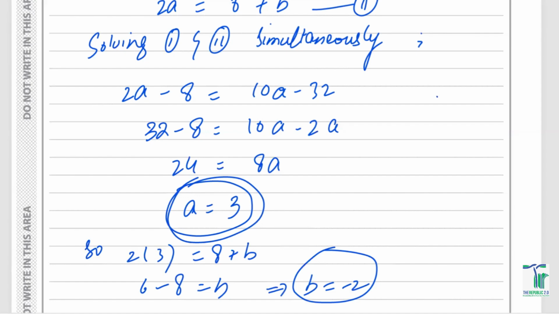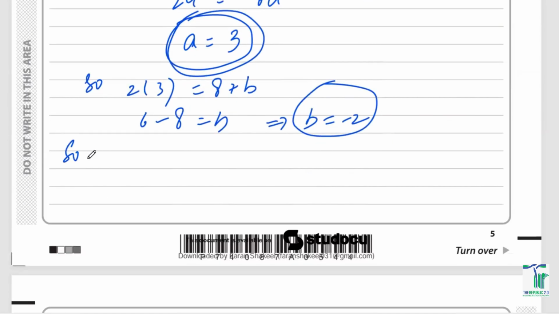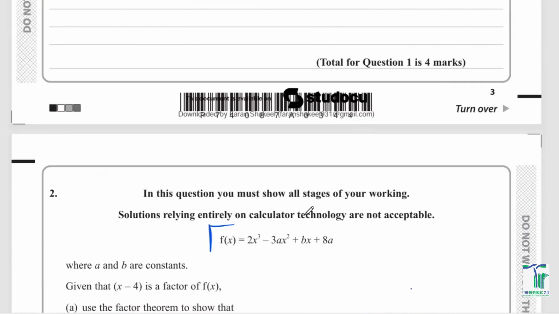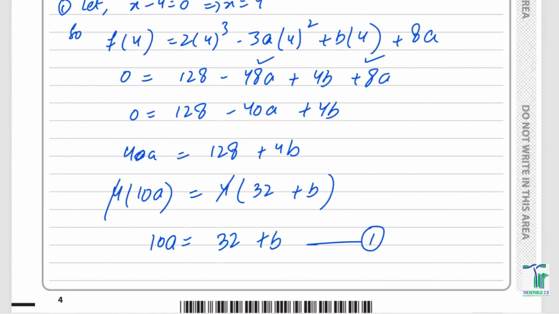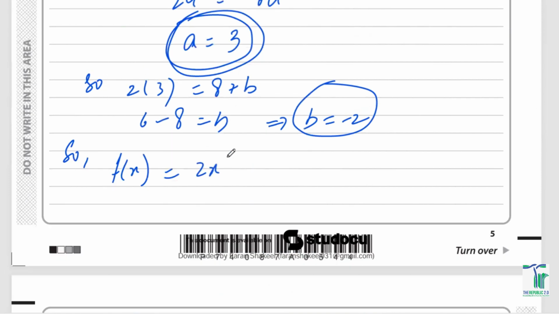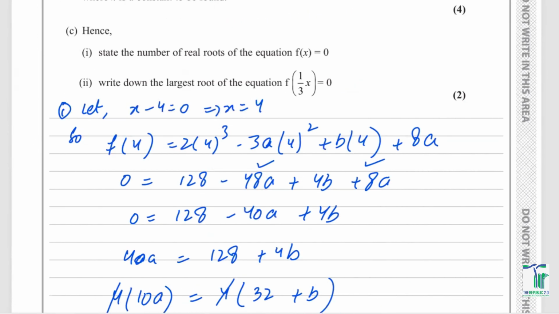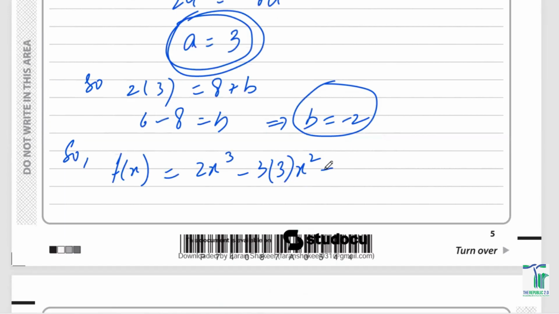So the given expression, f of x, was whatever it was. You can see that this was f of x. I'm just going to plug in the values of a and b. 2x cube as it is, then minus 3a x square, so 3 times x square, right? And then you've got bx, so b is going to be negative 2, x is as it is.